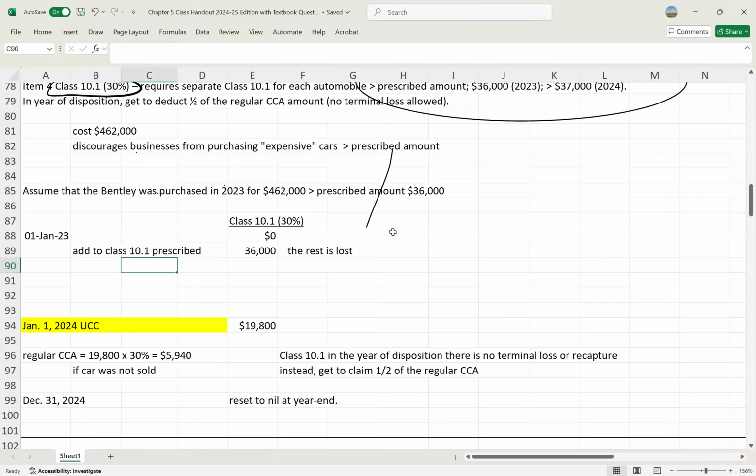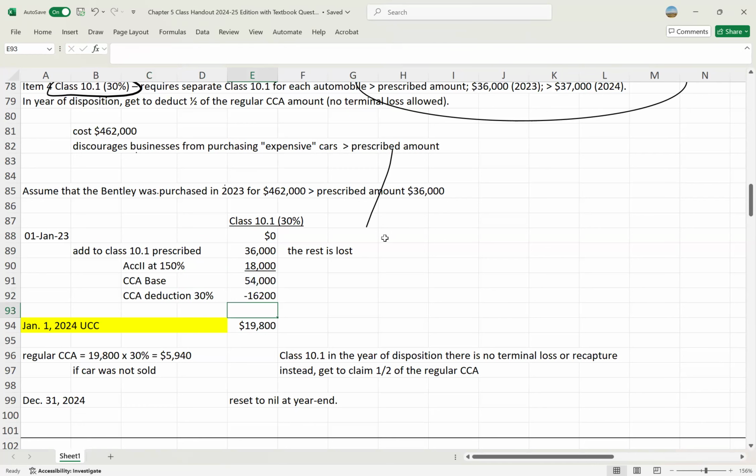Because this is in 2023, the accelerated investment incentive at 150% still applies. And so we've got to add 50%, which is an additional 18,000. And so the CCA base will be 54,000. The CCA deduction at 30% will be 30% of 54,000.